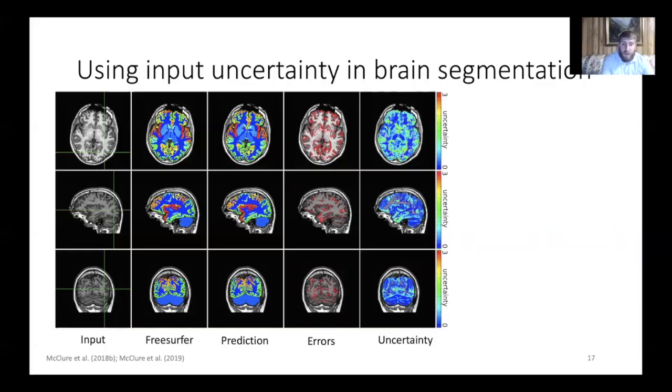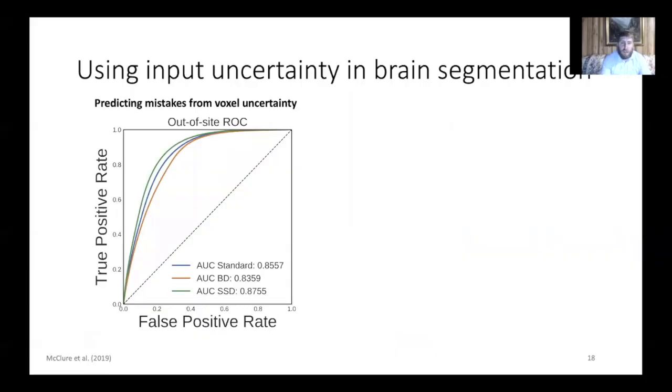To verify this, we tried to see if from a voxel's uncertainty, we could predict whether it was classified correctly or incorrectly in a test example. We found that, in fact, for all of these models, you could do that. From just looking at the uncertainty, you could predict whether a voxel was correctly or incorrectly classified.